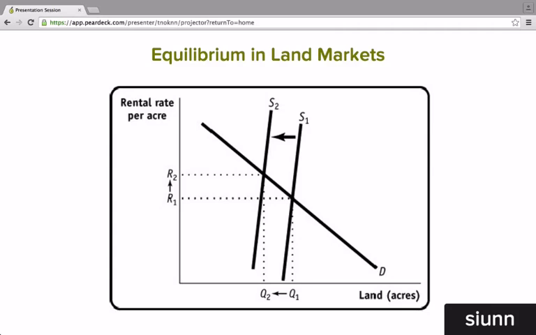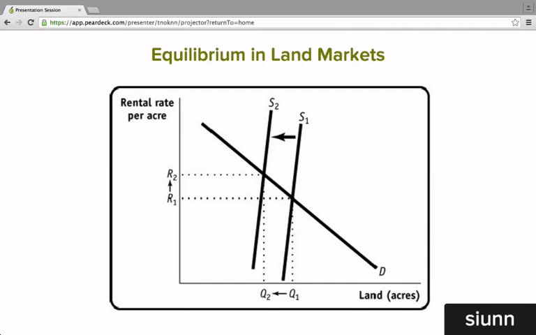To maximize profit from the hiring of land, we are going to employ units of land up to the point where the value of the marginal product of that land is equal to the rental rate for that land. Likewise, to maximize profit from the hiring of capital, we are going to employ units of capital up to the point where the value of the marginal product of capital is equal to the rental rate for that capital.